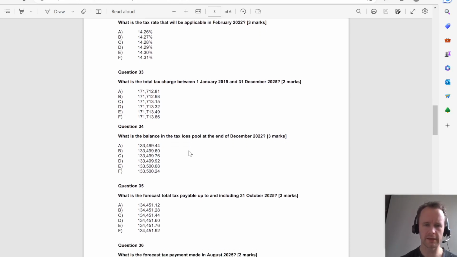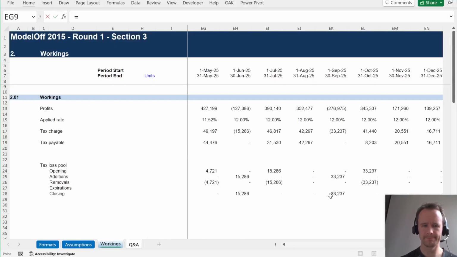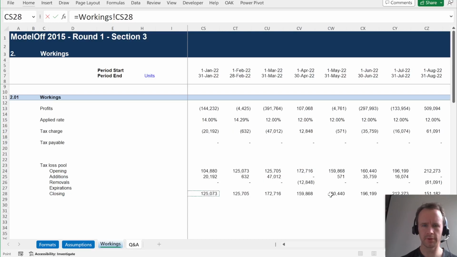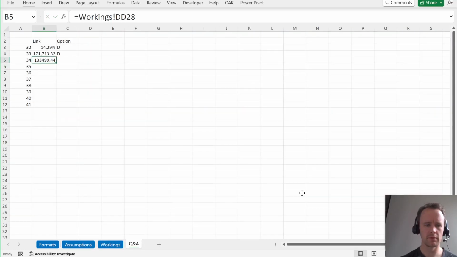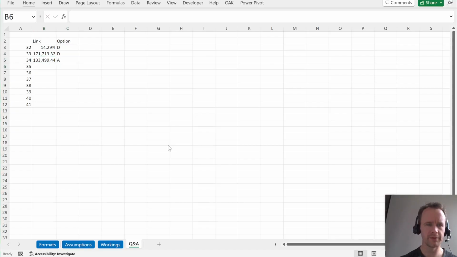What is the balance in the tax loss pool at the end of December 2022? December 2022. Back this way a little. Here. 13349.44. Yes, so that's A.